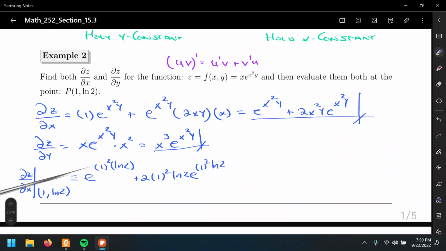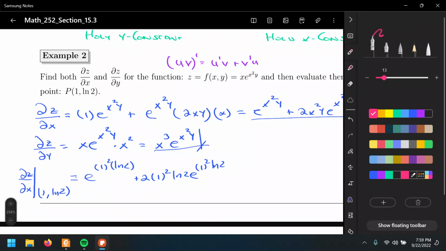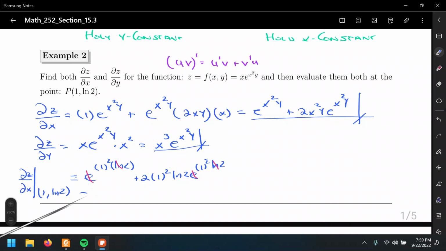Okay, so let's simplify this. So, okay, 1 squared, that's going to be 1. Do we agree with that? So that's going to leave us with e to the ln of 2. But in this case, the e and the ln cancel out. Same over here, e and ln cancel out. And well, this will be simply 2 plus 2 times 1 squared, which is 2, ln of 2, and times 2.